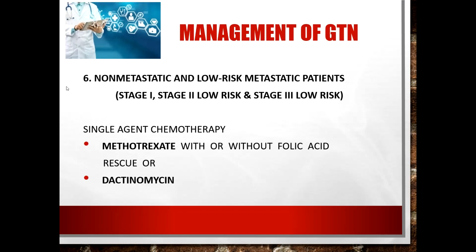For the non-metastatic stage or stage 1 and the metastatic low-risk patients, stage 2, 3 score of less than 6, are given single-agent chemotherapy with methotrexate as the preferred drug due to its proven effectiveness and low cost and long-term safety, with a survival rate approaching 100%. Patients are given a 5-day regimen every 7 to 10 days.